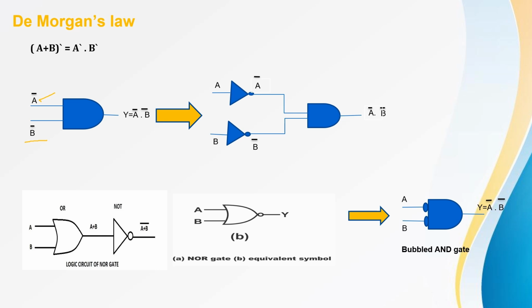From the second diagram, we can say that we are passing these inputs through the NOT gate. The circuit is often abbreviated like this. That is called a bubbled AND gate.